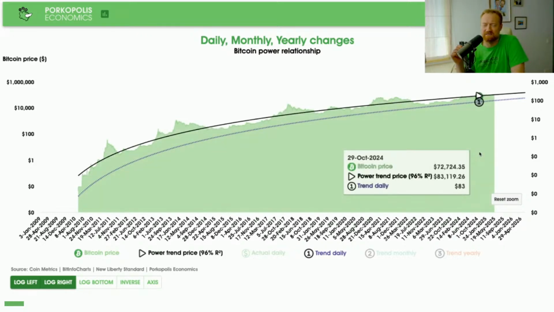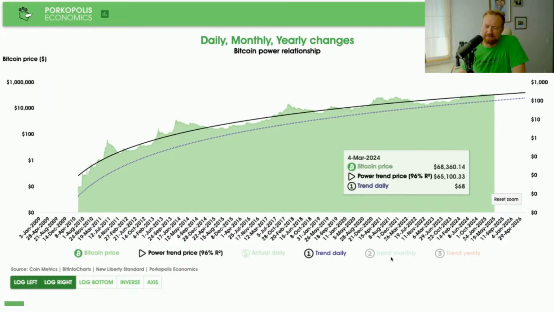I don't necessarily see liquidity or ETFs adopting it or Trump coin or whatever. This is a network that's being adopted. It has a lot of features of a network. It's global, uncensorable, censorship resistant, I should say. And this is how it's growing.